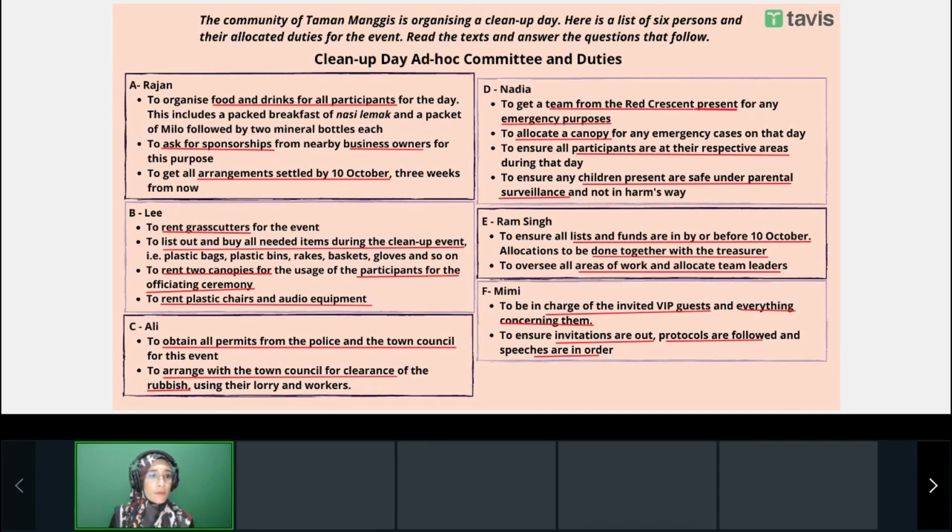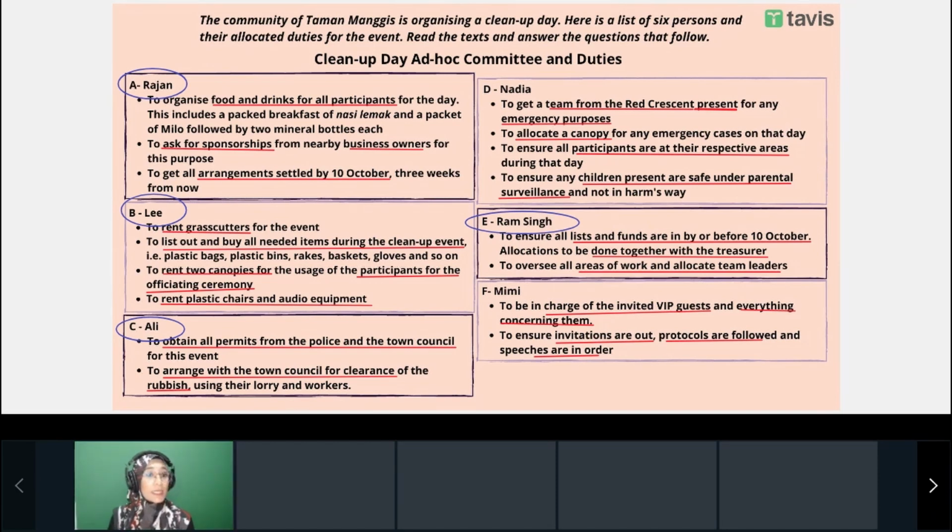So now we have Rajan, we have Lee, we have Ali, and we also have Ram Singh. So who is in charge for the cleaning supplies?